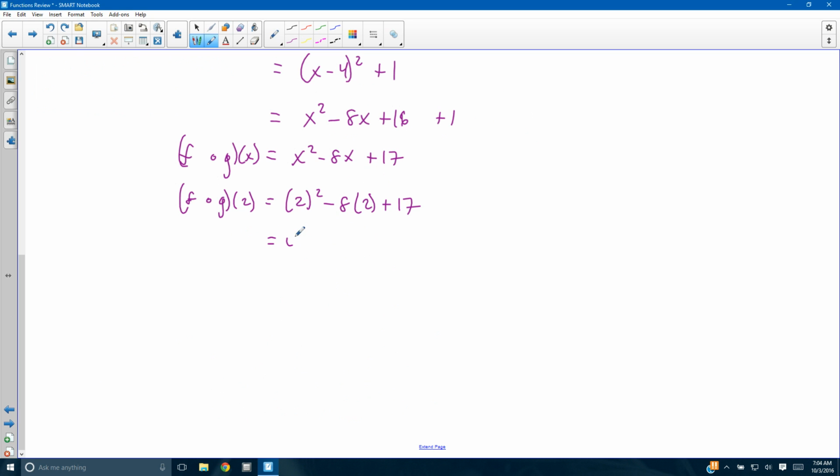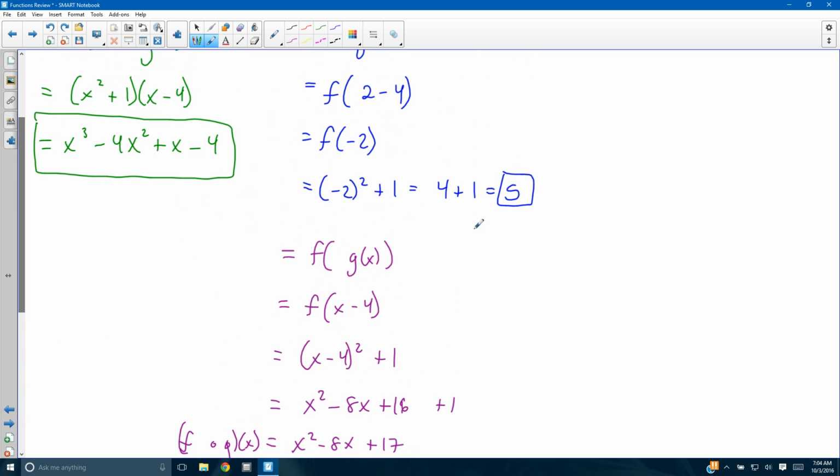That becomes 4 minus 16 plus 17. And please don't do 16 plus 17 first here. Do 4 minus 16 first, or you can do negative 16 plus 17. 4 minus 16 is negative 12, plus 17 is 5. And you can see that we also got 5 up there.